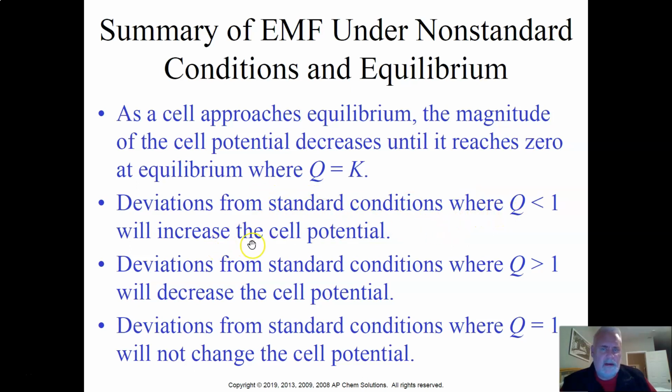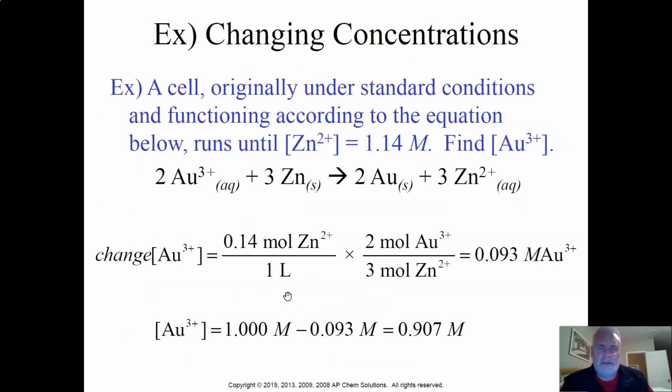If you would increase the cell potential versus decreasing the cell potential, and knowing those different things. Now, in this portion of the lecture, we're going to talk about concentrations. And you can see that the zinc has deviated from the 1.0 molar concentration that it is under standard conditions.